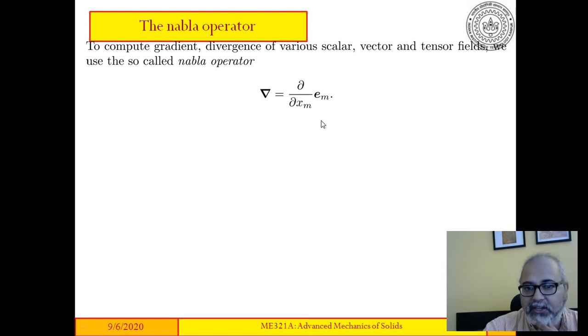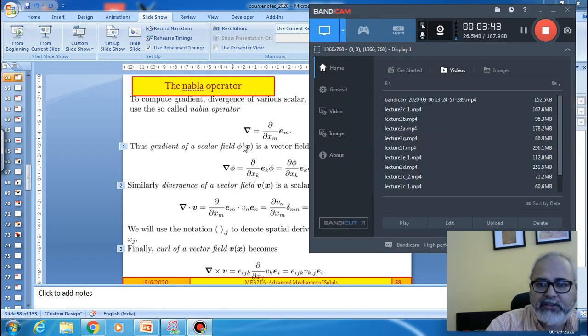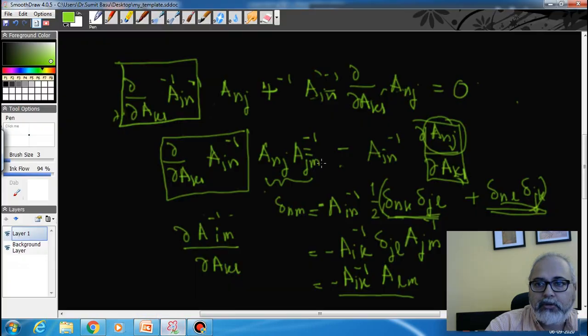In the Cartesian coordinate system, treating this operator as a vector makes life much easier. So let us see how this helps us. Let us now remember this nabla operator. So this nabla operator is, sorry, let's clear this.